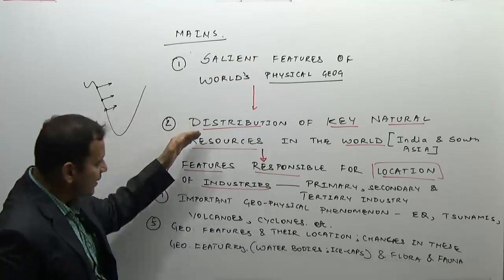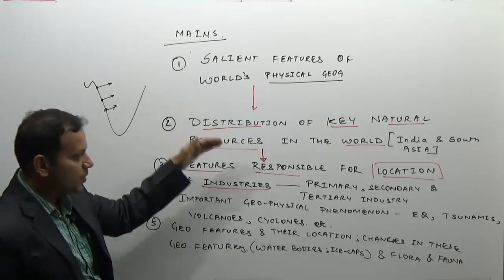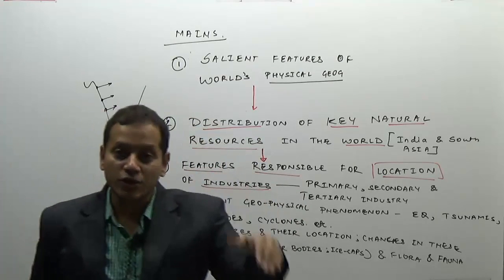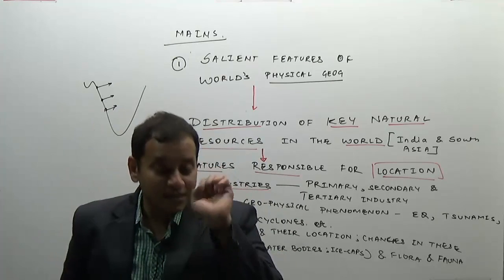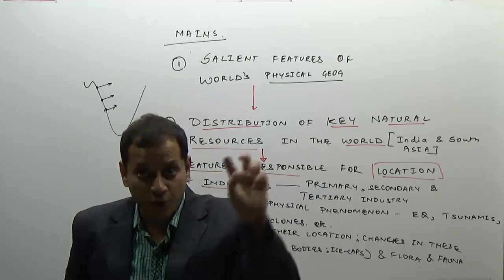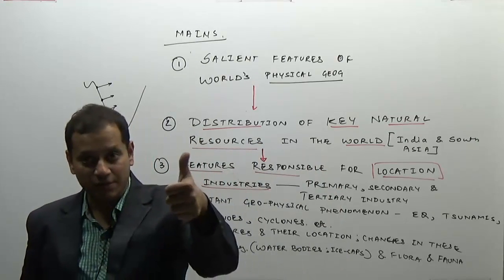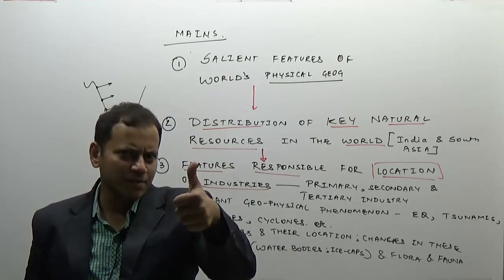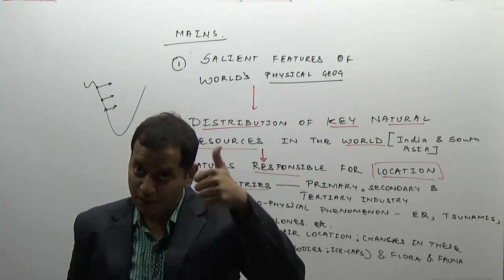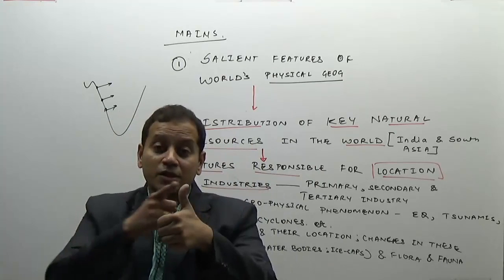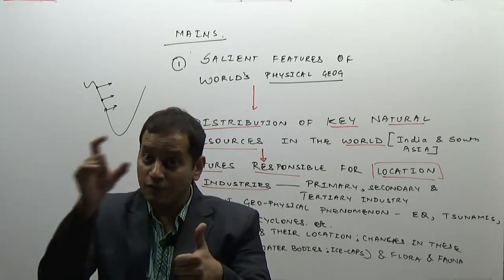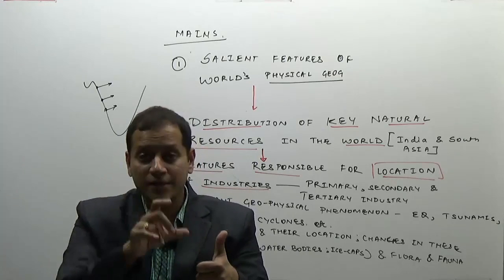So when we know the key natural resources, we will understand the features responsible for the location of industries. If we take an example of the world, why is Pittsburgh in the New England region of USA known as the iron and steel capital of the world? When we study the syllabus of geography in detail, we will understand the major reason: first, the easy availability of energy in the form of coal and hydroelectricity.